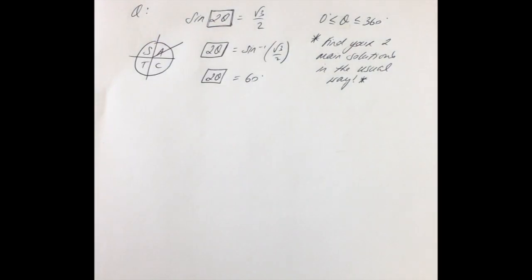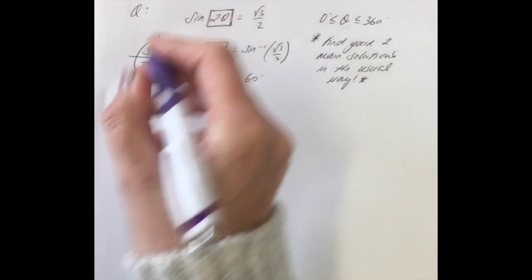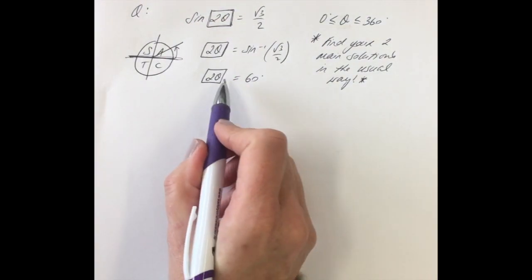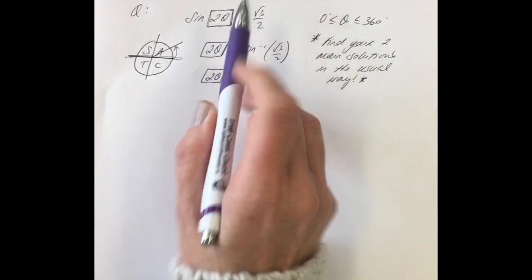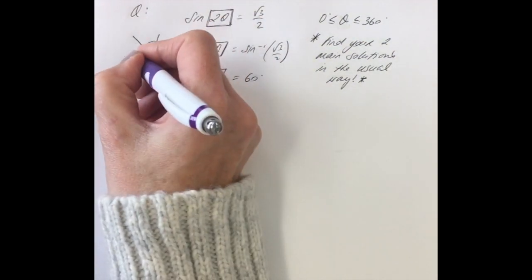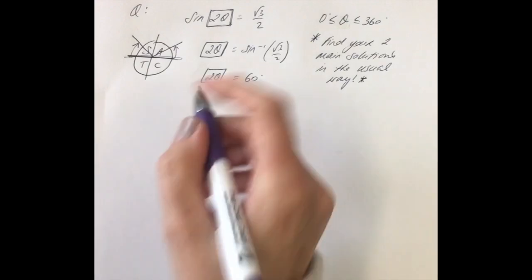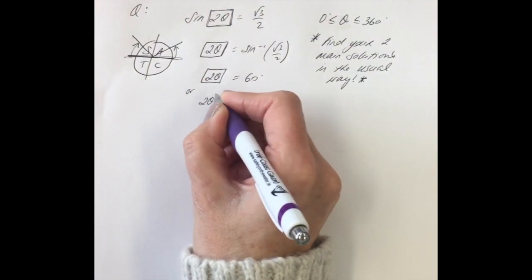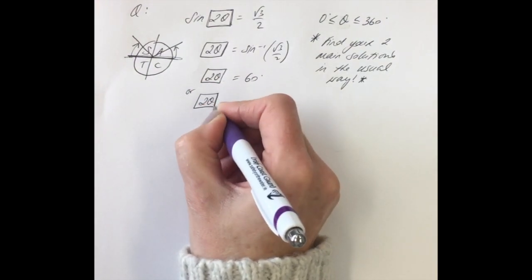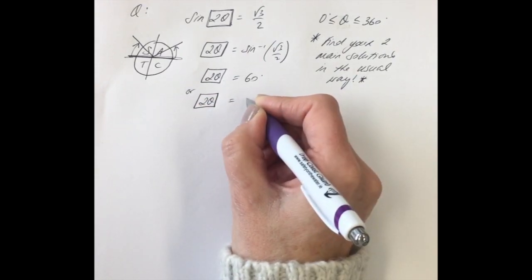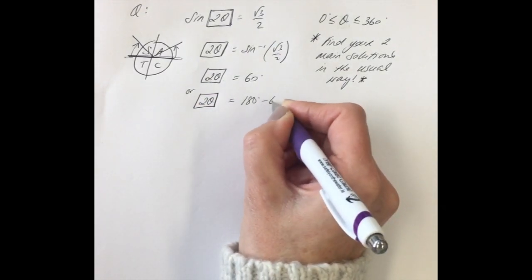That's where it is in the first quadrant. A gap of 60 degrees this way, of course. And where sine is also positive is going to be in this quadrant, and that's going to be a gap of 60 degrees as well. So my other solution for 2 theta, keep it together, is going to be 180 minus 60, which is 120.